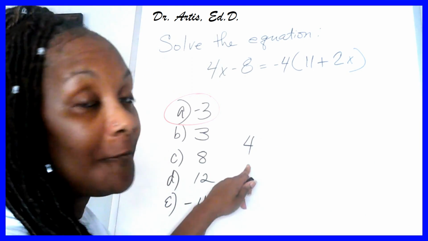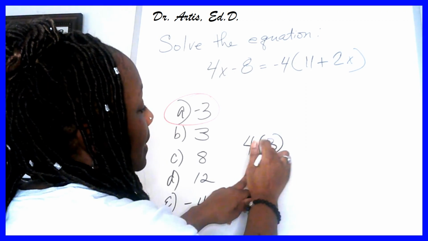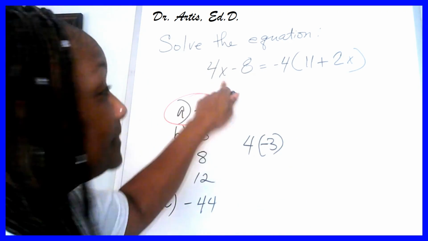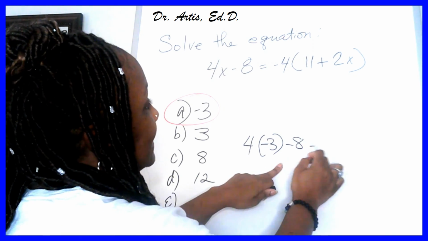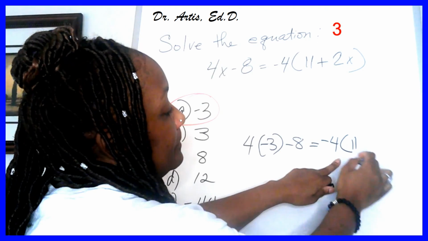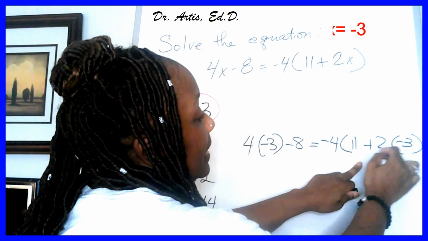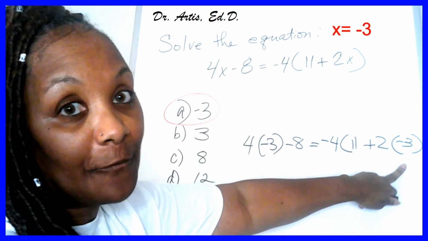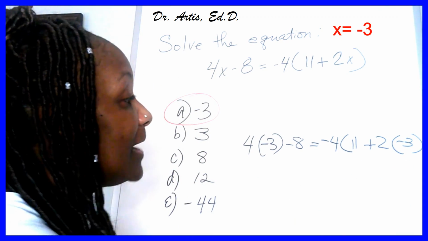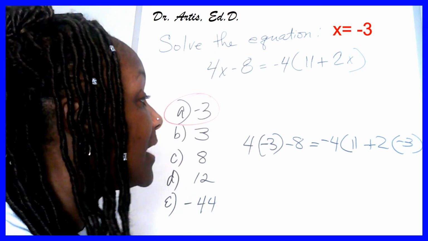So here we have 4 times the negative 3, which is x, minus 8 equals a negative 4 times 11 plus 2 times a negative 3, which is also the value for x. So now the first thing that we're going to do is utilize the order of operations.